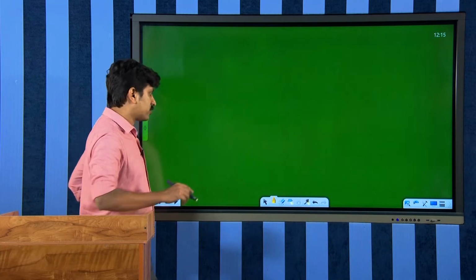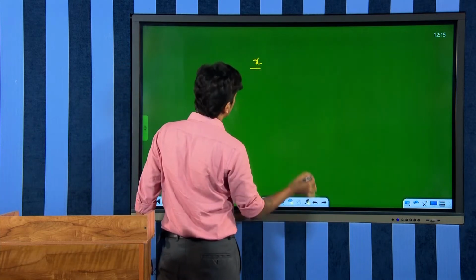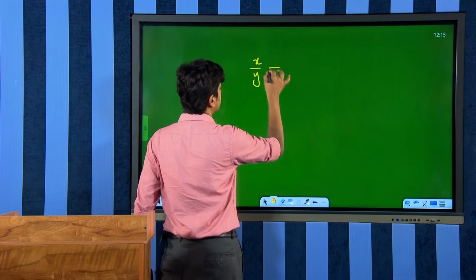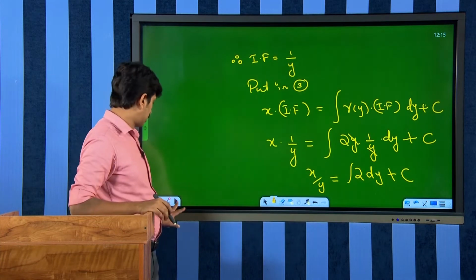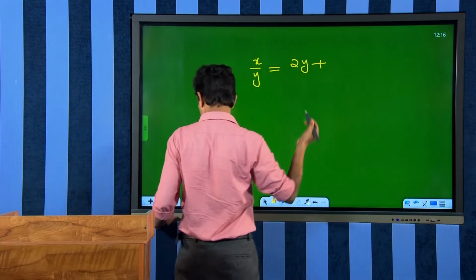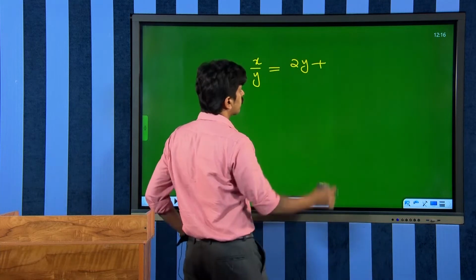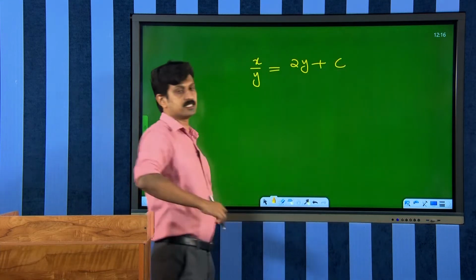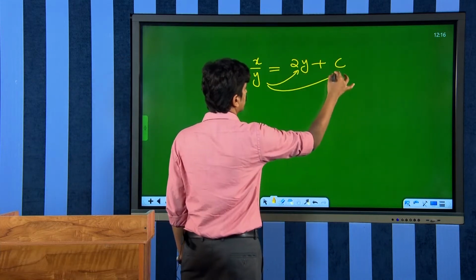So, this is x by y is equal to 2 into integral of dy, that is equal to 2y plus the constant of integration c. Therefore, we have this constant of integration c. So, we can take this y to here and this y to here.